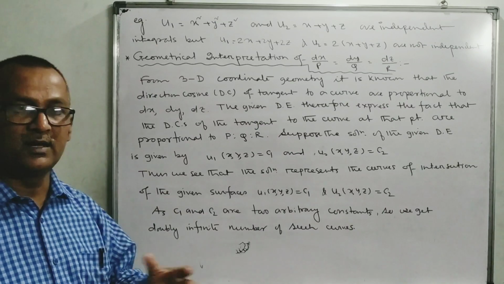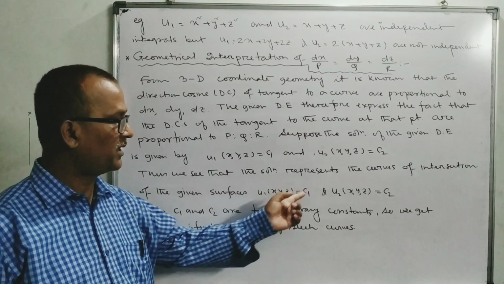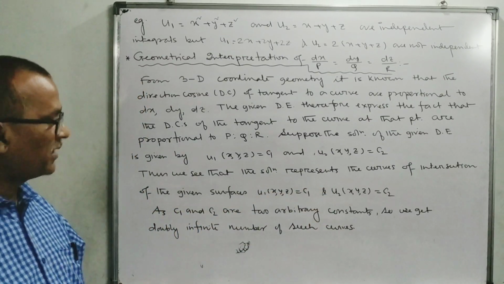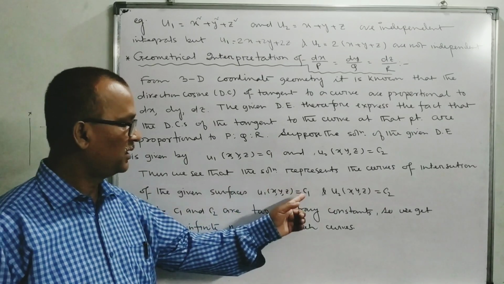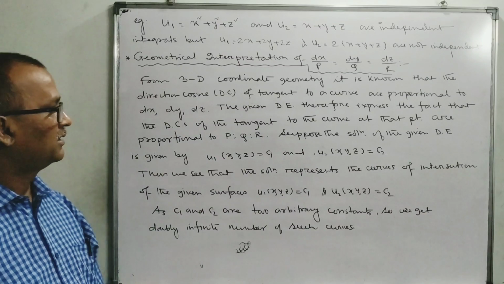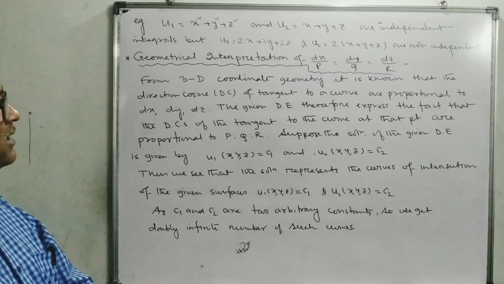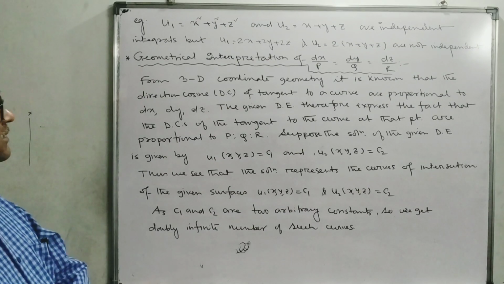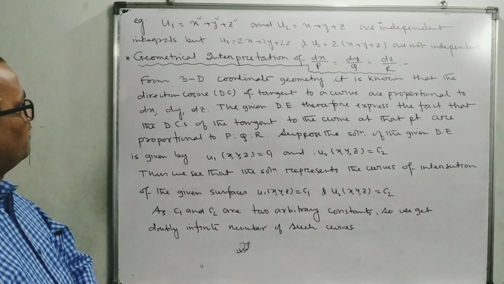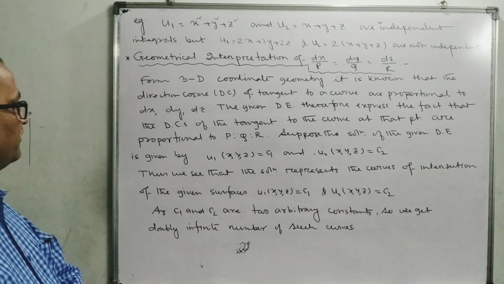But for a particular value of x, y, z, if we find the values of c1 and c2, then we get the complete solution, only one set, u1 equal to some constant and u2 equal to some constant. So from here we observe that dx by p, dy by q, dz by r represents the direction cosines of the tangent to the given curve.